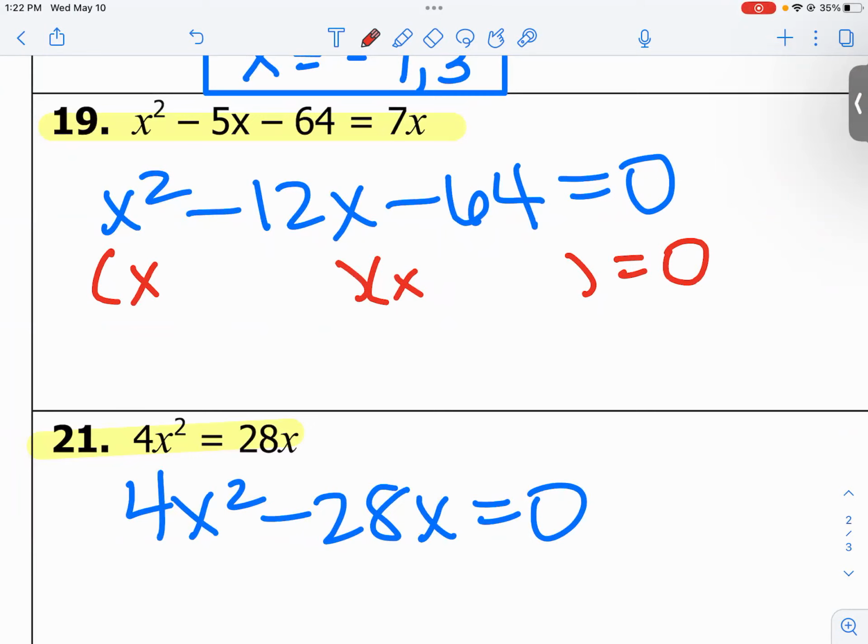Thank you, Jaya. Since this is negative, one of them needs to be negative, one of them needs to be positive. Is 8 and 8 going to be our answer? No. Okay, so instead of 8 times 8, 16 and what? 4. Which one needs to be negative?